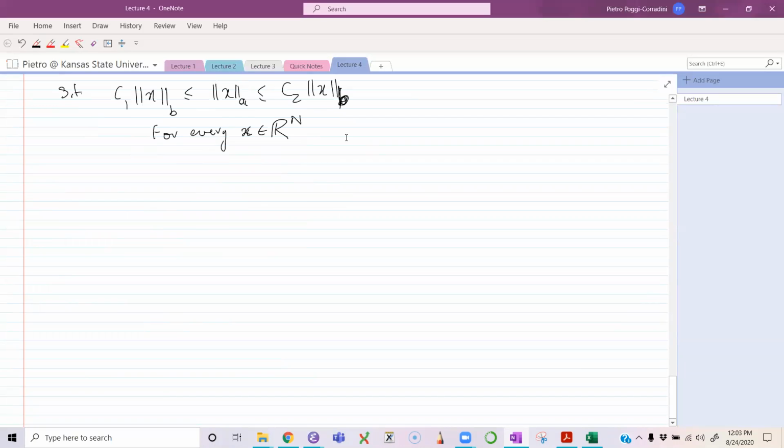Basically, up to a multiplicative factor, maybe like a factor of 2 or a factor of 10, these magnitudes are roughly the same.